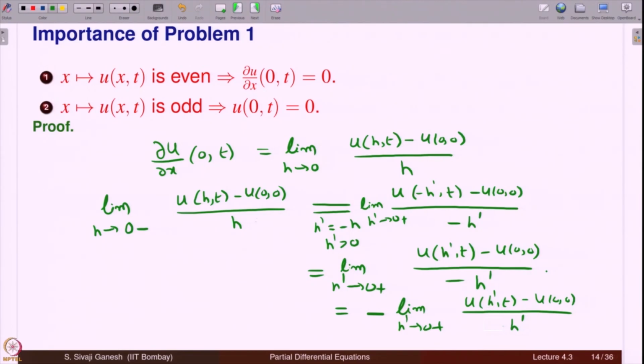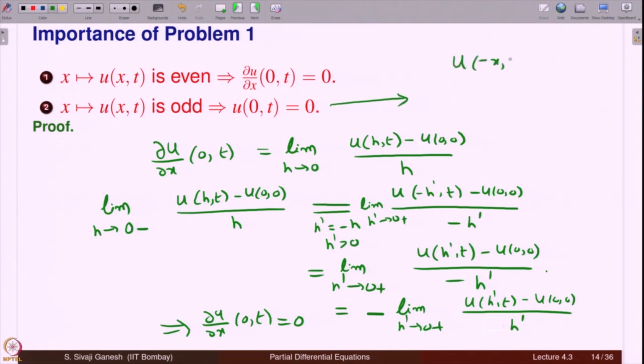This is the left hand derivative. Both exist and one is the negative of the other. That implies that ∂u/∂x is 0, both of them are 0. So this shows that if u is an even function of x, then the derivative with respect to x is 0. Now, showing the odd case is much simpler.